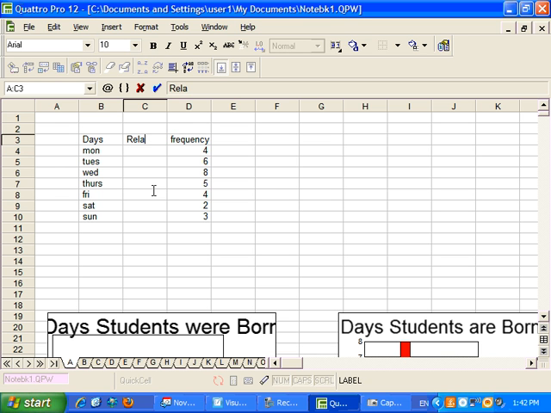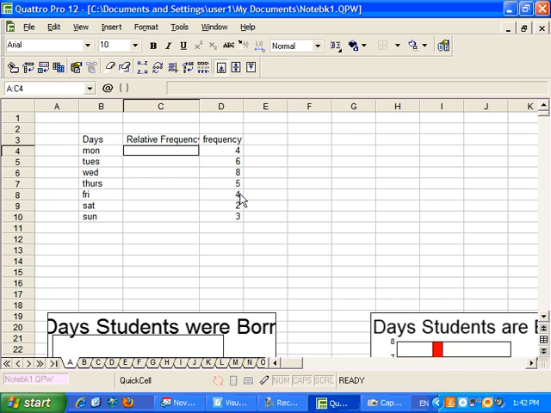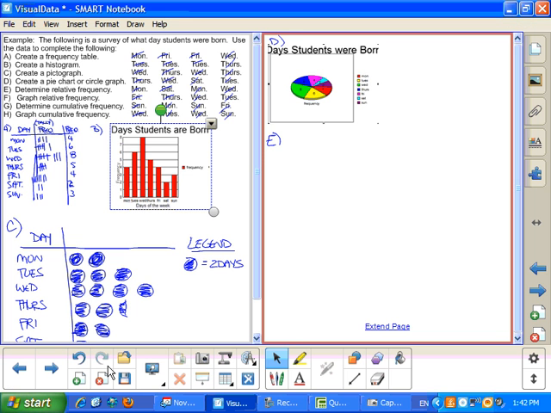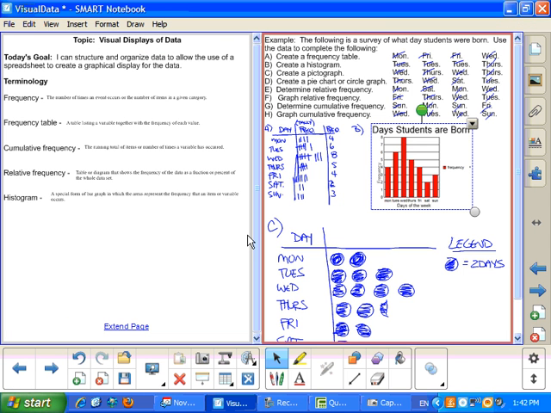So relative frequency is the percentage, and if I go back to our note here for one quick sec, relative frequency is the table or diagram that shows the frequency of the data as a fraction or percent of the whole data.